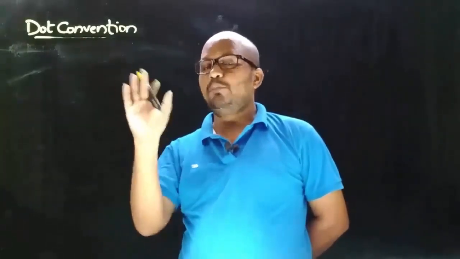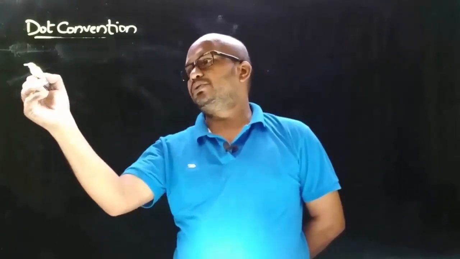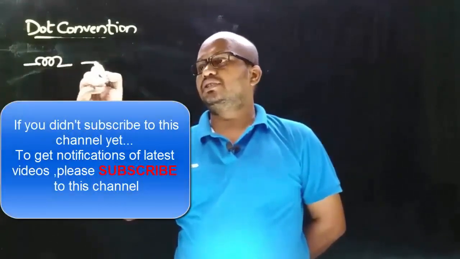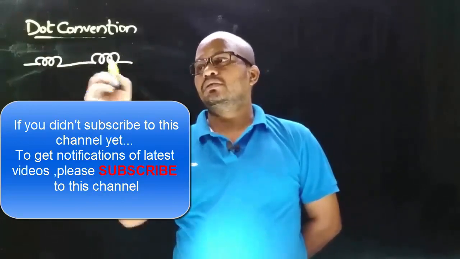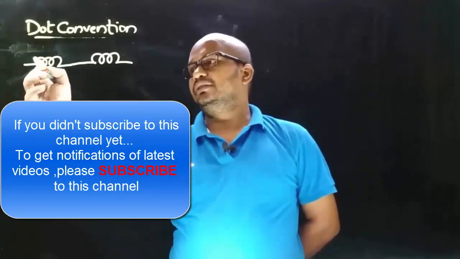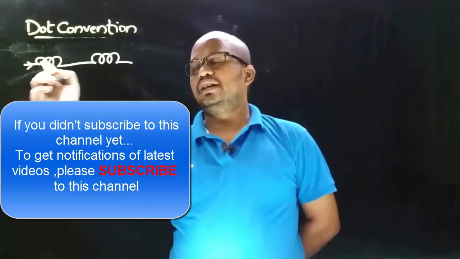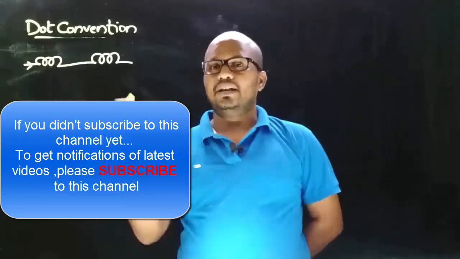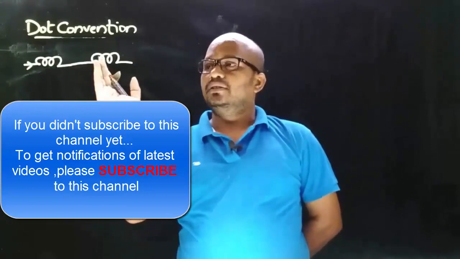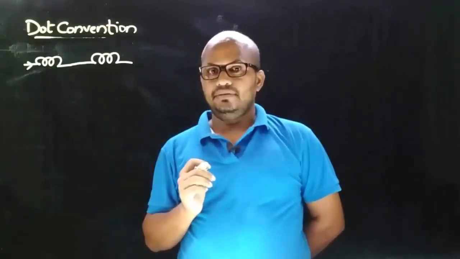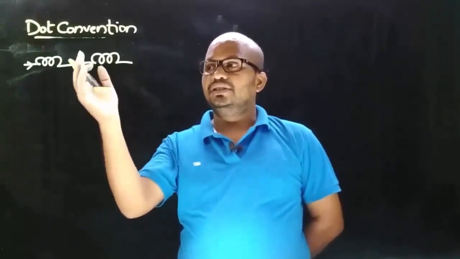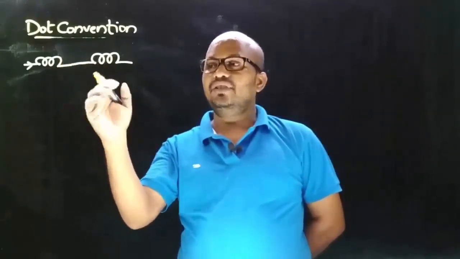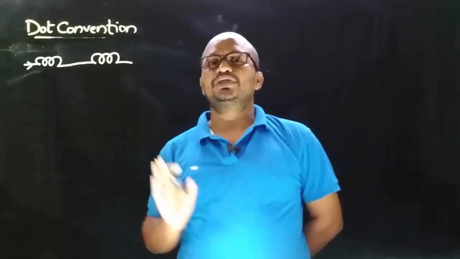Now I will tell you the importance of dot convention. Suppose this is one coil and this is the second coil, and these coils are joined like this, and the current direction is towards this side. Now if it is asked to find the mutual induced EMF polarity, then we have to apply the right hand rule, find the flux direction, and then decide the mutual induced EMF polarity.